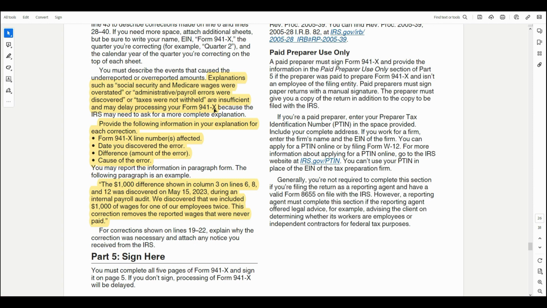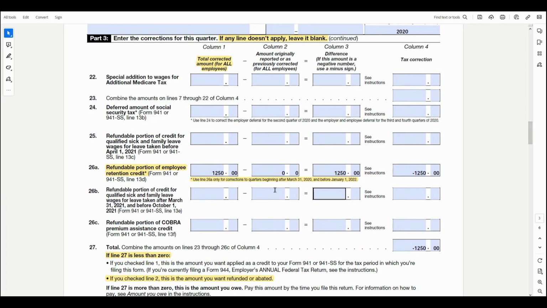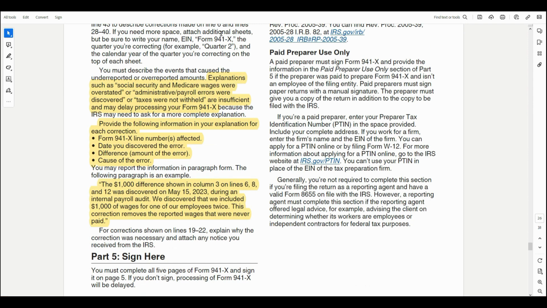So provide the following information in your explanation for each correction. You want to state the Form 941-X line numbers that are affected, which for us would be 26A. Then the date you discovered the error.